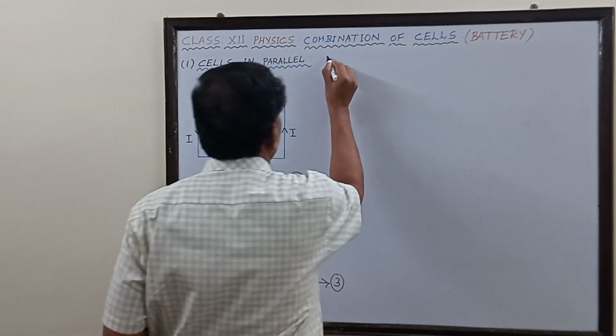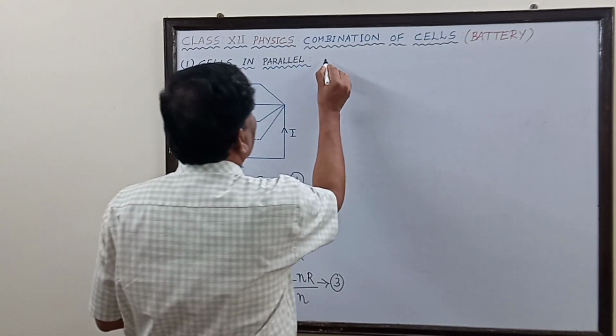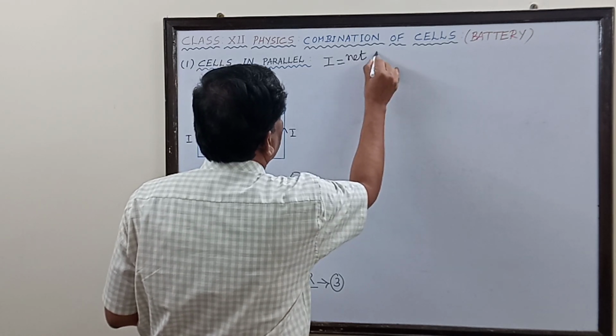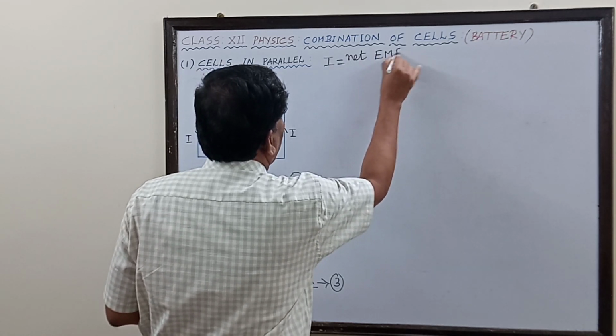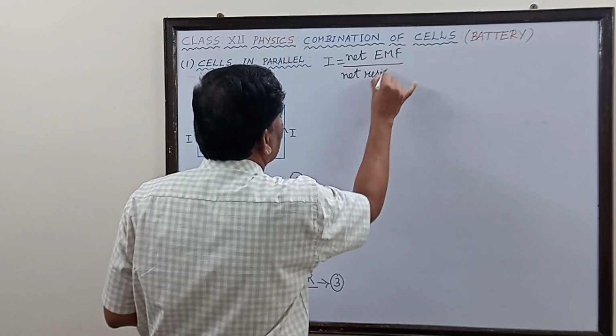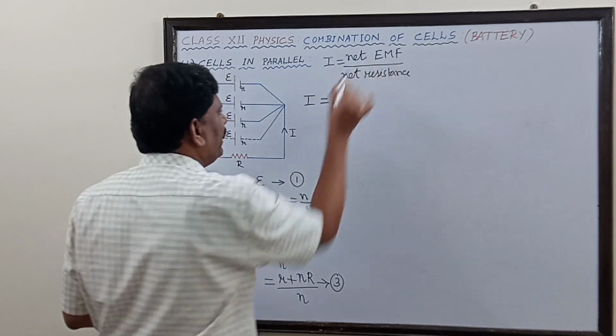Therefore, what is the effective current? Now, the net current supplied by the battery is given by I is equal to the net EMF divided by the net resistance. What is the net EMF?